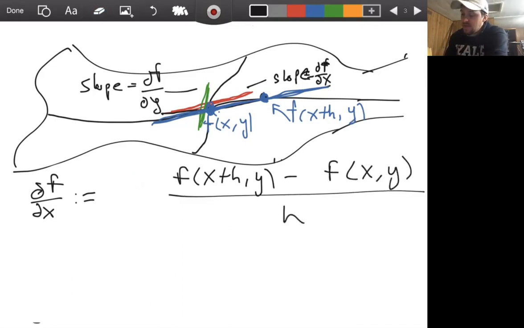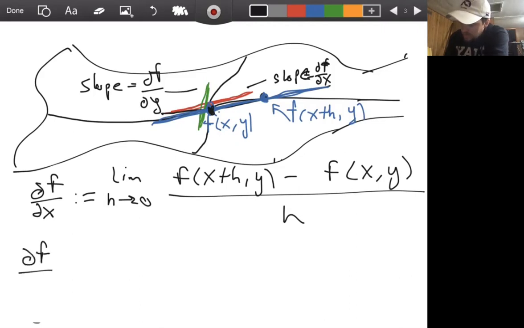But now we want this x + h to get arbitrarily close to x, so we get an approximation for the slope of the tangent line there. And so we take the limit as h goes to 0. This is our definition for the partial derivative of f with respect to x. The intuition is very similar to defining the derivative in the single variable case.